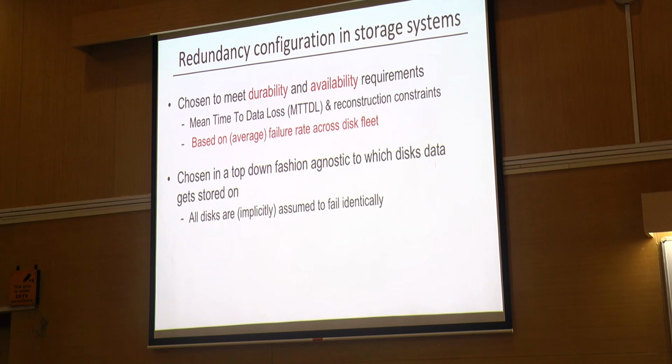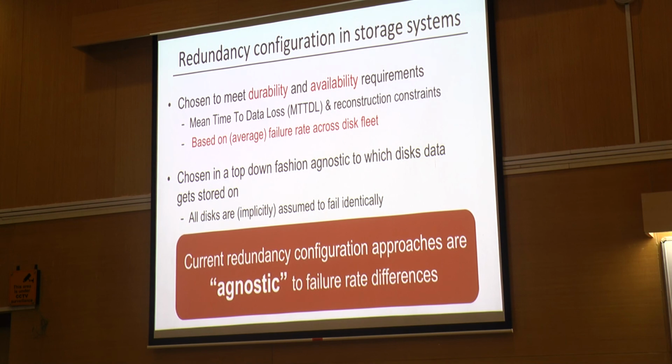Implicitly, what is assumed is that all disks fail similarly, and hence we can choose the redundancy parameters based on these durability and availability requirements for all the disks in a similar way. So we can call these the current approaches.